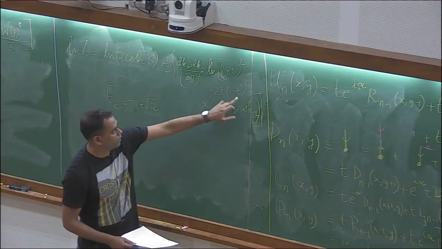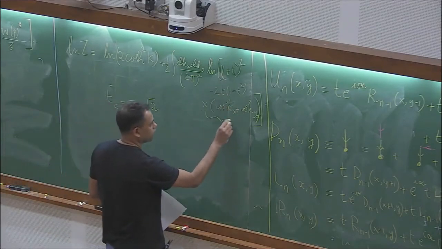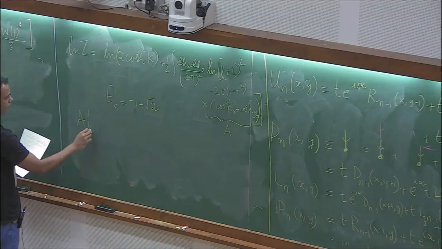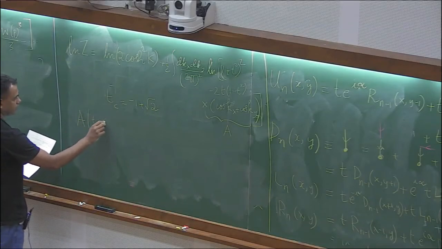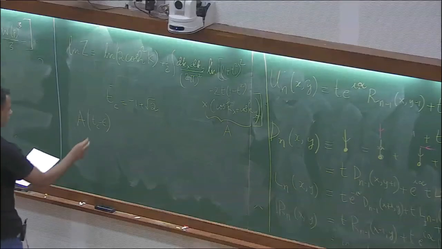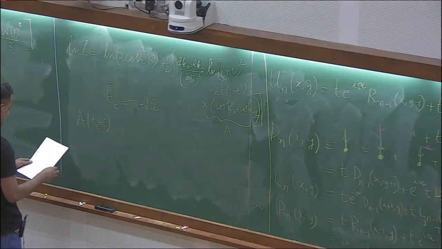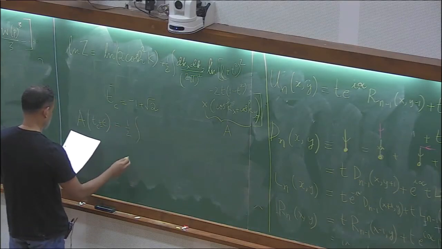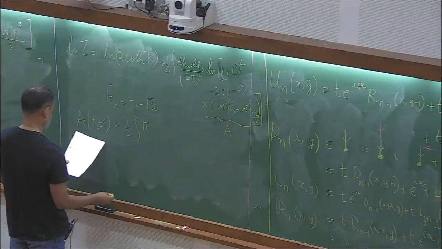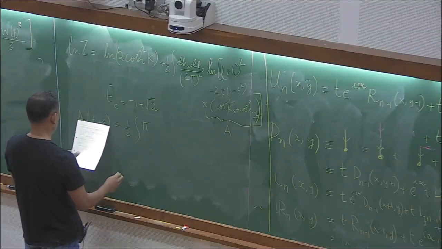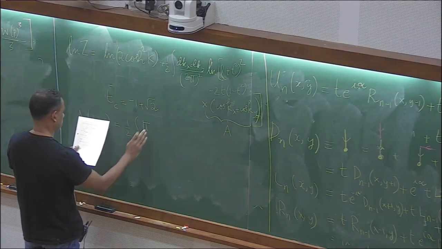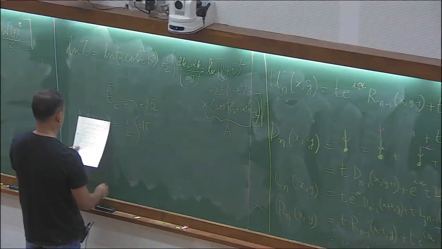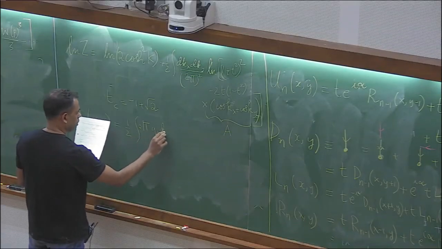If I call this particular thing the argument of the logarithm, then near the critical point, at TC plus minus epsilon, it is half integral 2 pi, q dq.